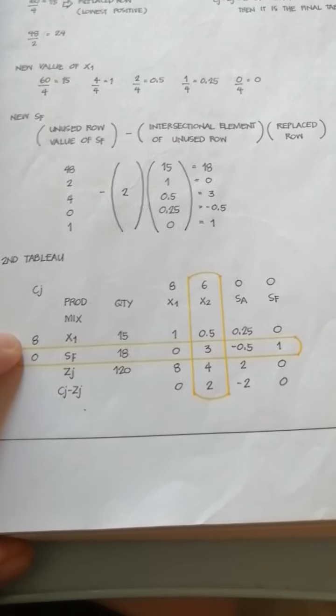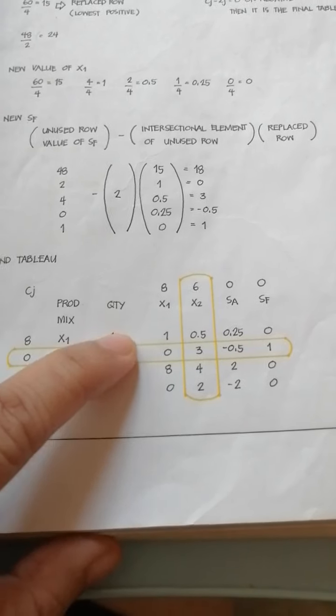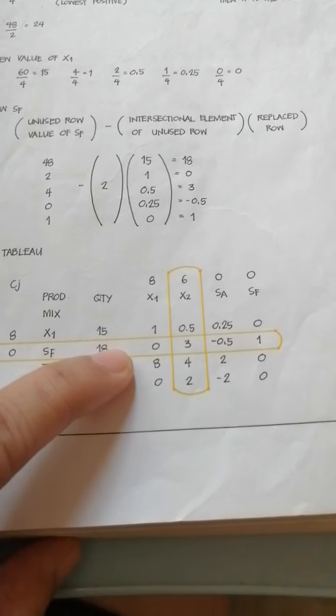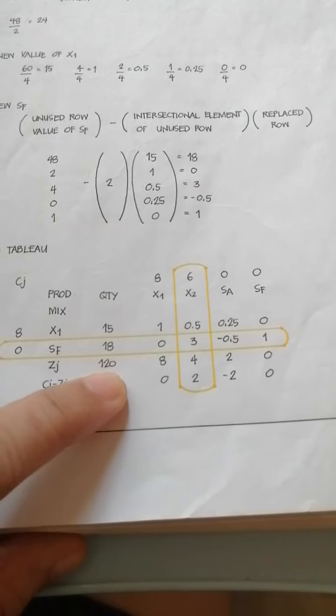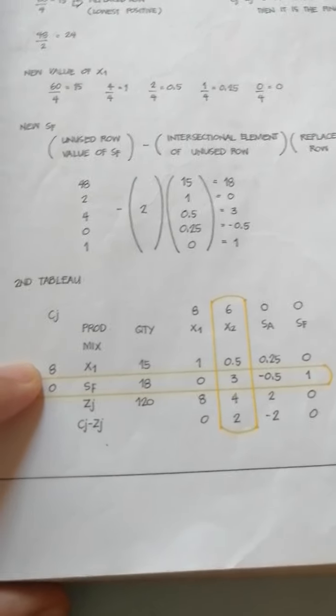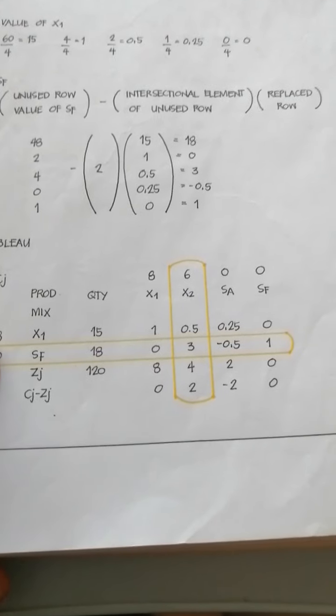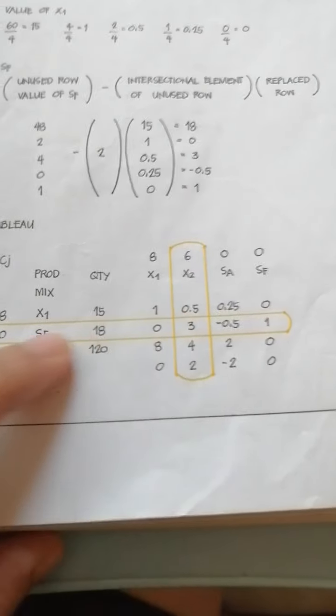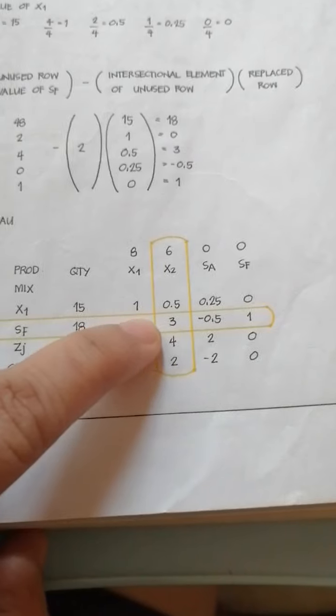So when you try to compute now for CJ, which is 8 times 15 plus 0 times 18, it is equal to 120. The same thing for the X1 row, we have 8 times 1 plus 0 times 0. That's why you have 8 here.